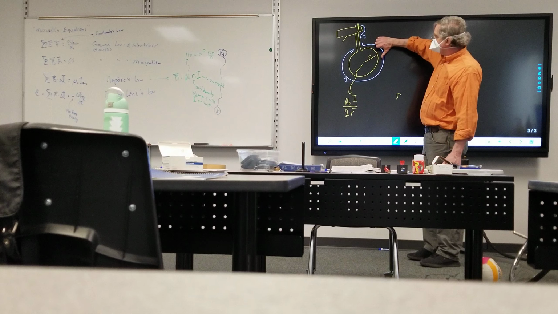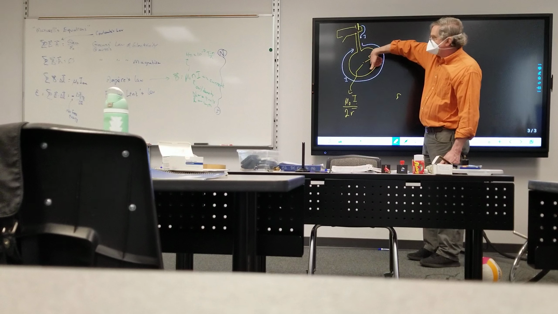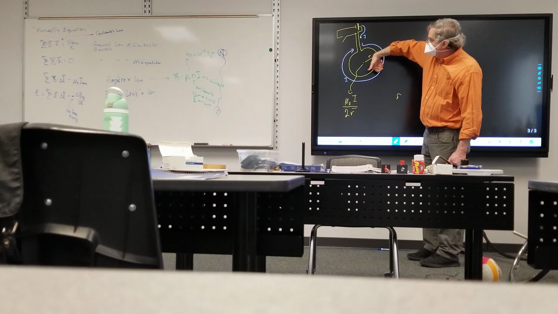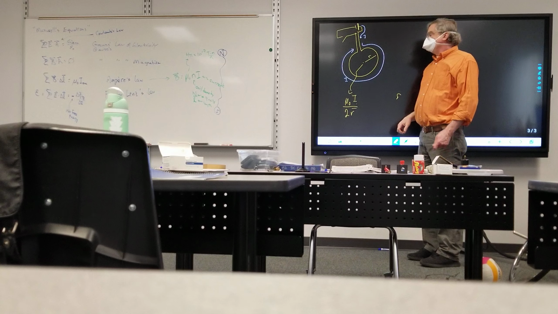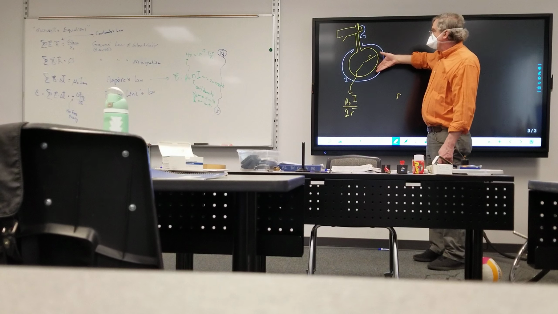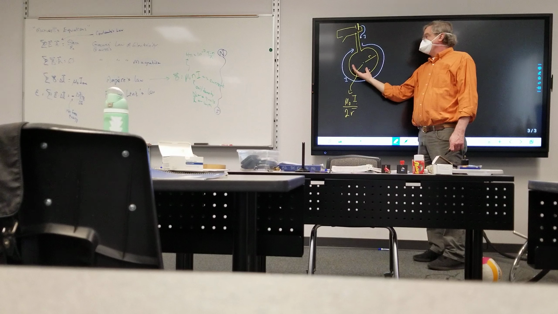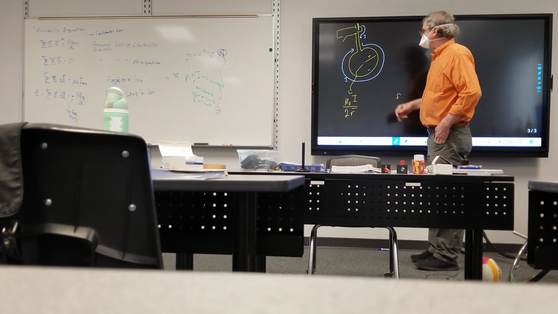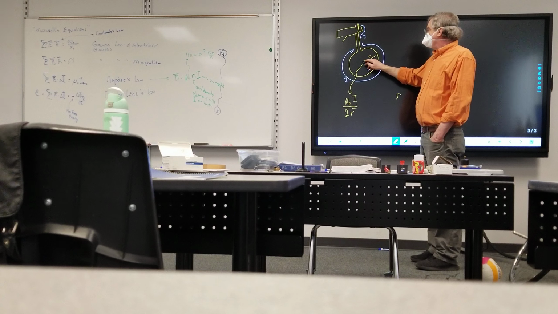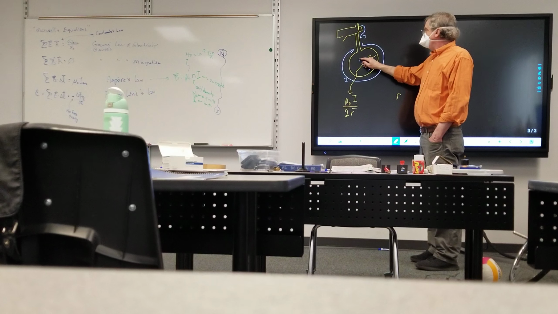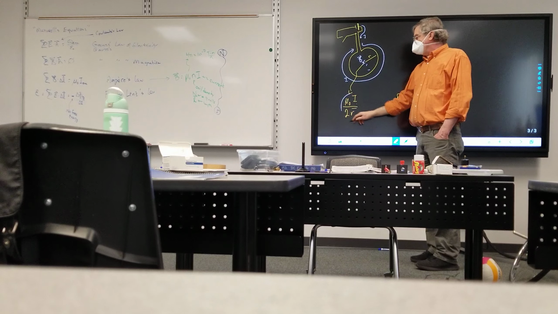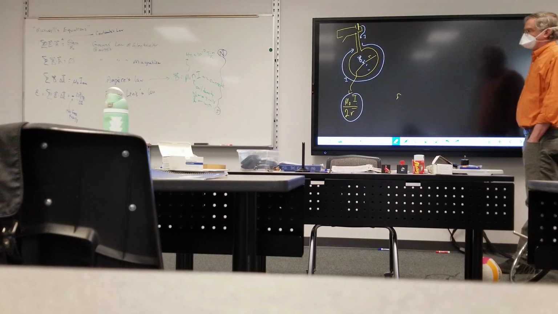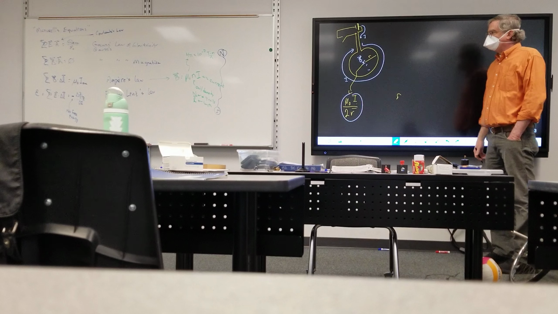One, you put your thumb in the direction of the current flow and your fingers curl in the direction of the magnetic field flow, so it'd be in the middle, and out on the outside. Or the right hand rule also works if you put your fingers in the direction of the current flow, thumb points in the direction of the magnetic field for a circular loop. So the magnetic field is going into the center with that magnitude in the middle. It's not constant, but we'll use that as an approximation sometimes.